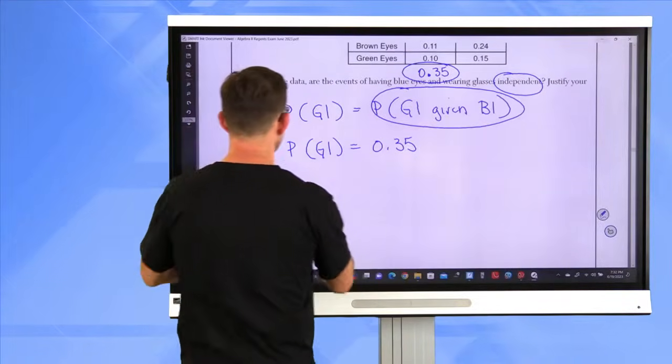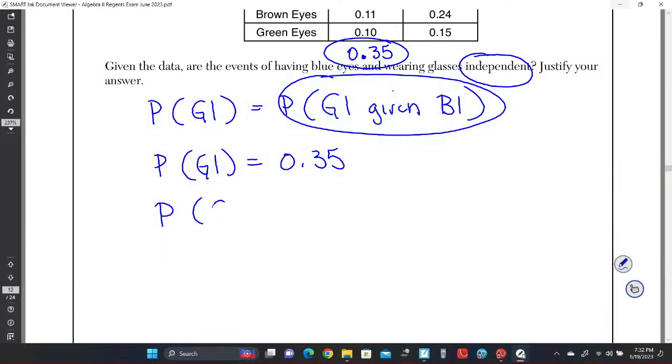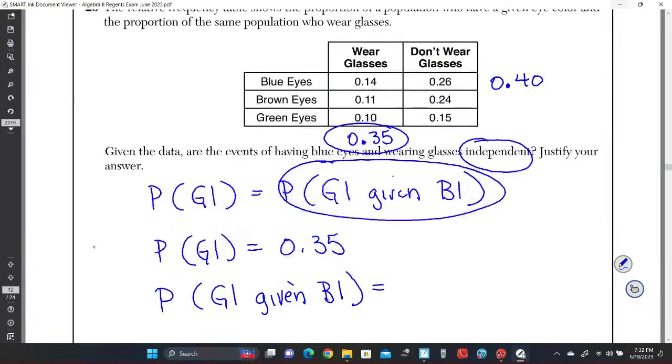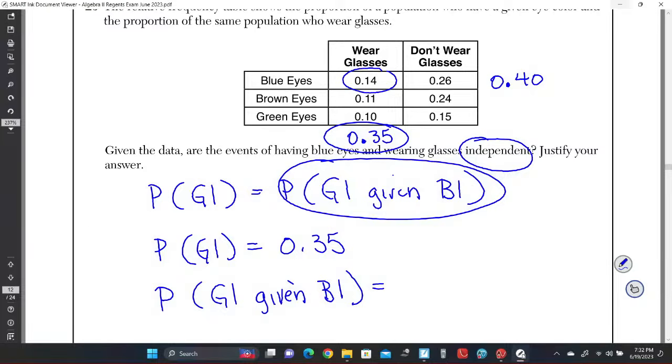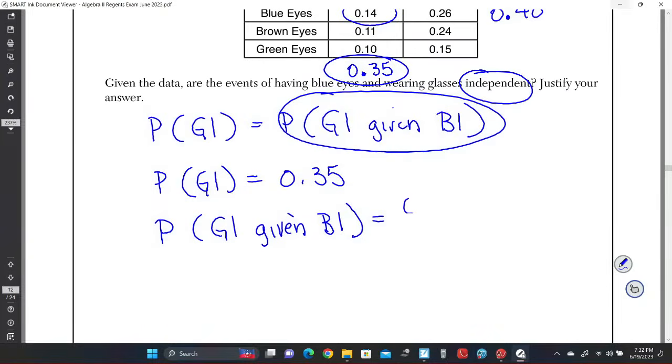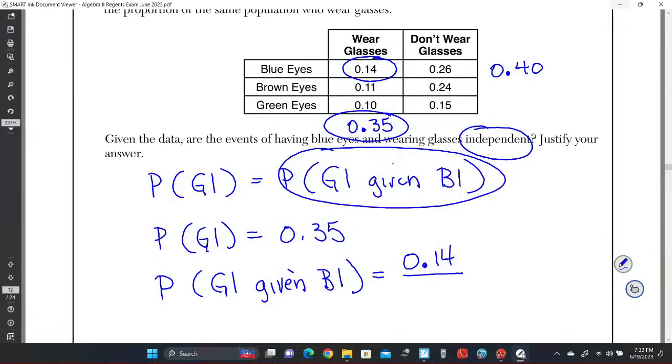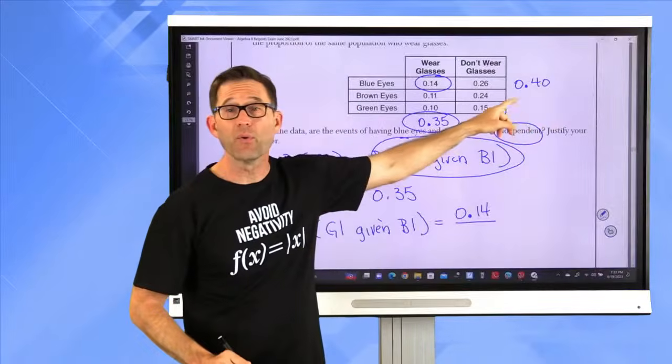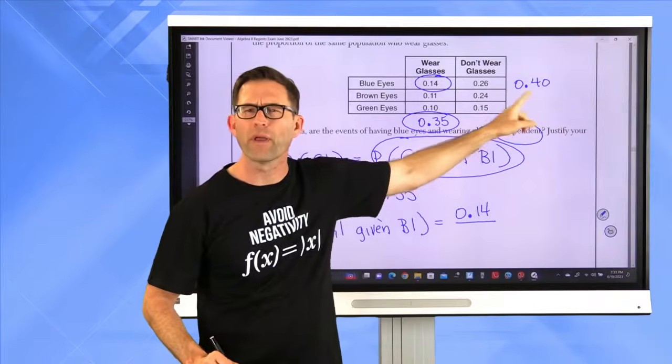Well, the percentage of people with glasses given they have blue eyes is going to be the number of people that have blue eyes and wear glasses, that's 14 people, or 0.14, divided by just the people who have blue eyes, which is 40 people, or 0.40.